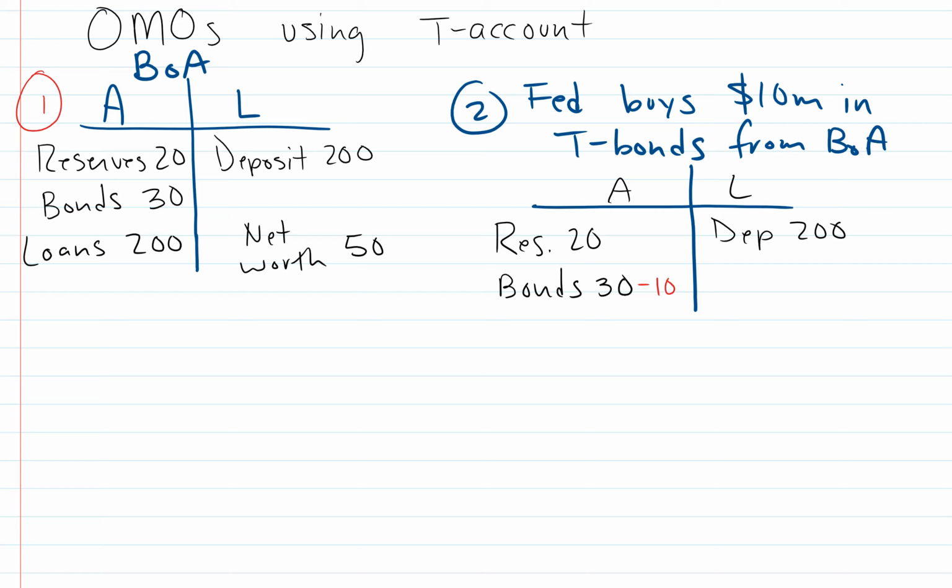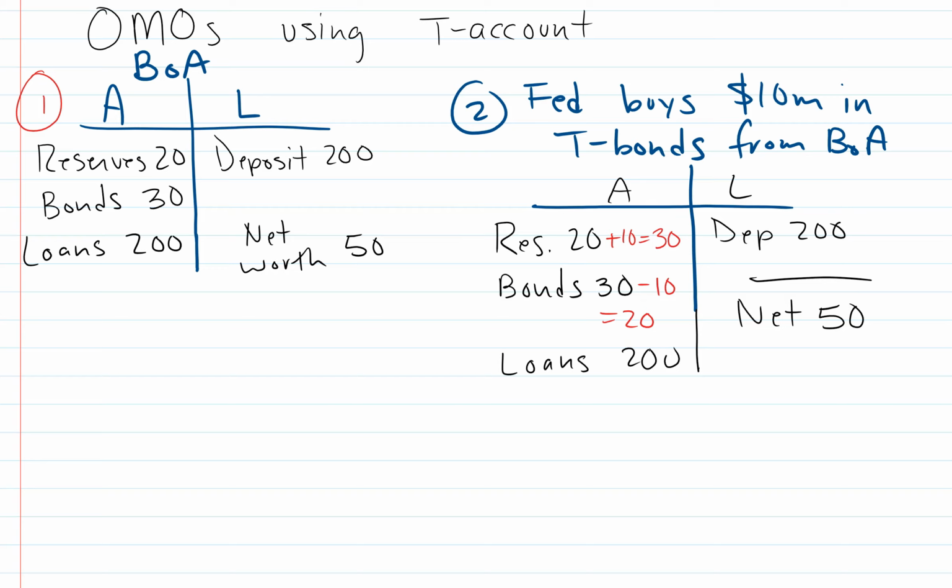So they sold 10, so they only have 20 left, and they got money from the Fed, so they gained 10 in reserves, so now they have 30 reserves. And then the other part is the same. Their loans didn't change yet. Okay, so loans are 200, and actually their net worth will also be the same, 50, just like before.